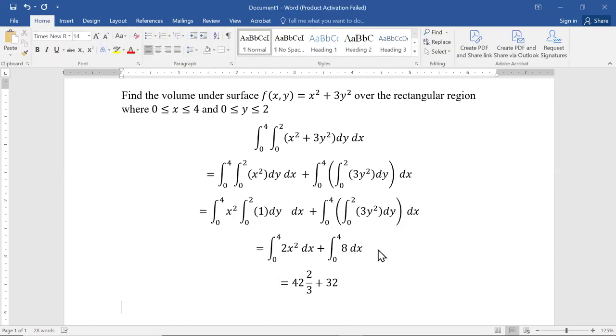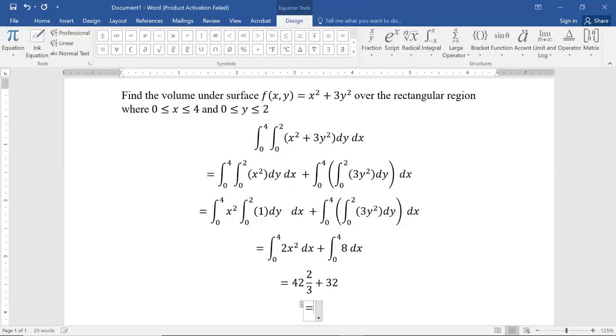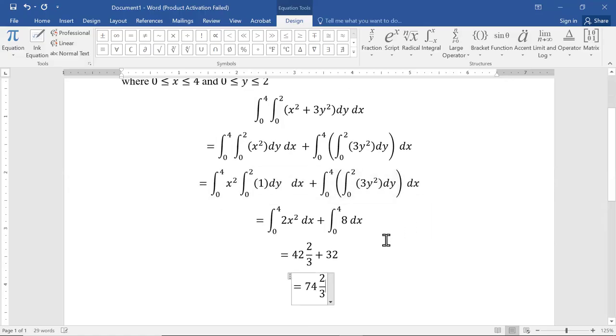And sure enough, when we combine those, we get 74 and 2/3. So using the properties of integration and technology can really save us some time if we're clever about it.